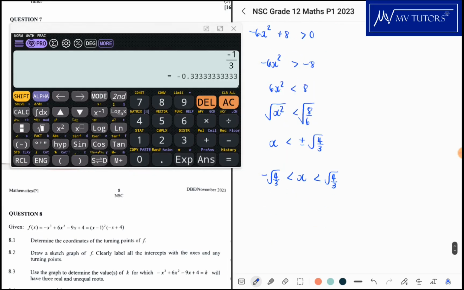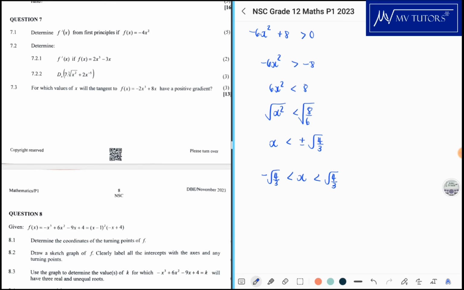Let's just check what root 4 over 3 is, just in case we shouldn't leave it in surd form, because they didn't say anything. Or did they? It's 1,15. Did they say anything about surd form? No, so let's just say negative 1,15, positive 1,15. And that is it for question 7.